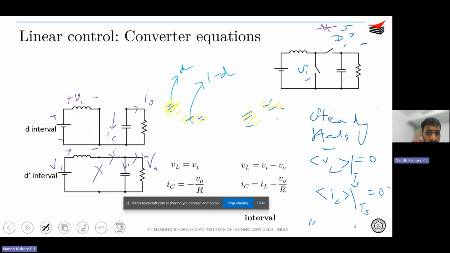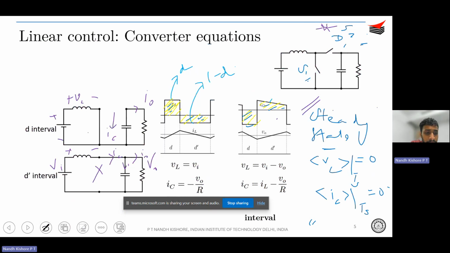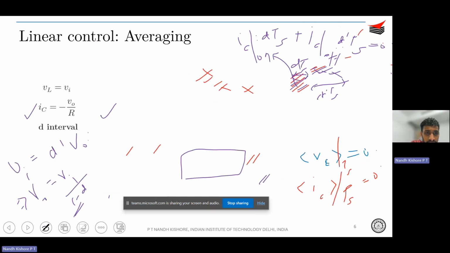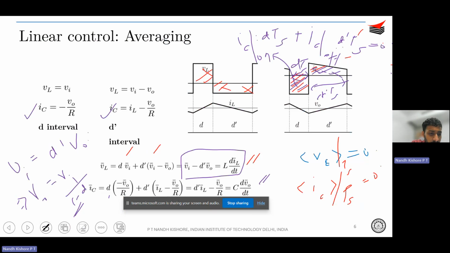And one more thing: what does it mean? In steady state, we say the average value of VL over one switching cycle is 0. The average value of IC over one switching cycle is 0, right? In the waveforms as well, you can see that, as I was mentioning, the negative area and the positive area are the same.